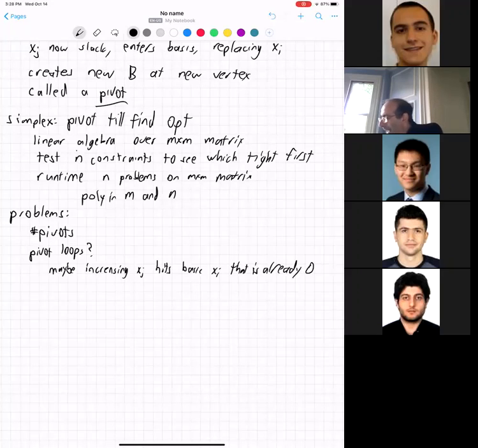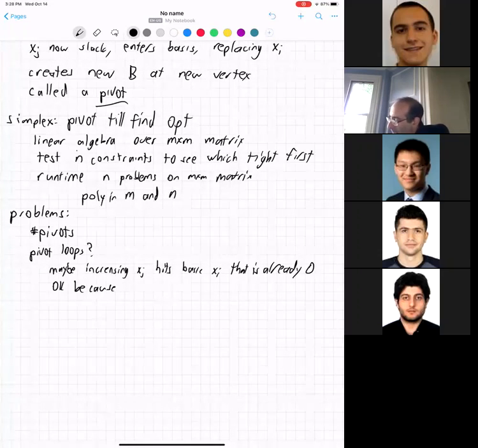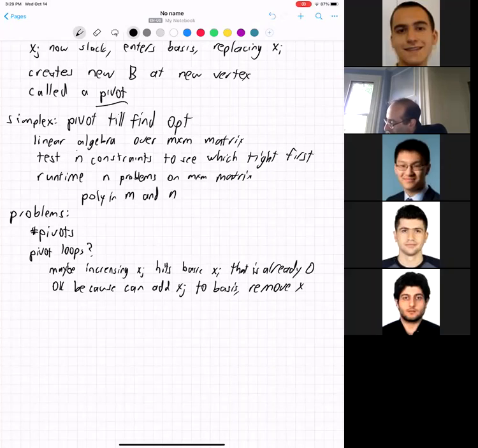Now, from an algorithmic description point, this is okay, because that would still allow us to add xj to the basis and remove xi, right? But xj is also 0, so we haven't made any progress.